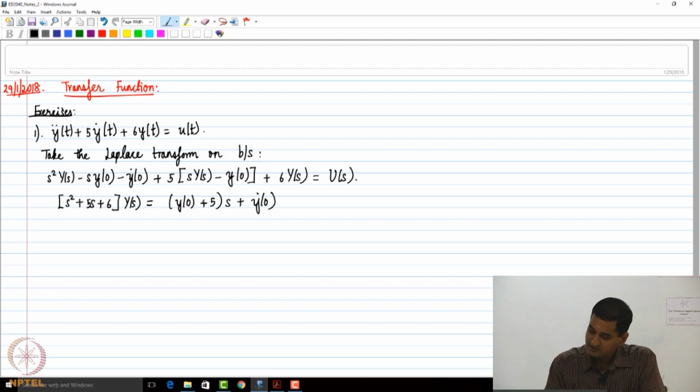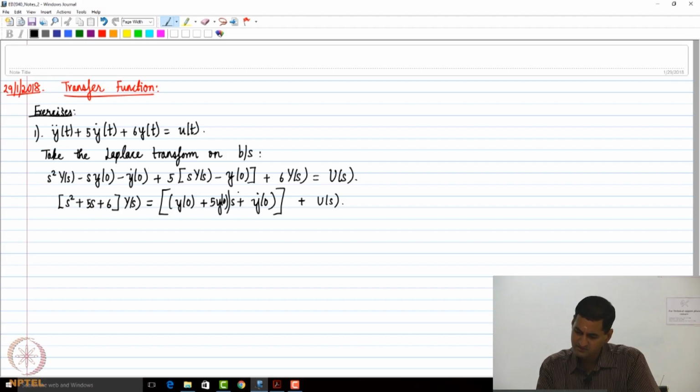I think that's due to the initial conditions. Then we will have u of s. I hope this is correct. I think I missed 5y0. I think I am doing something wrong here.